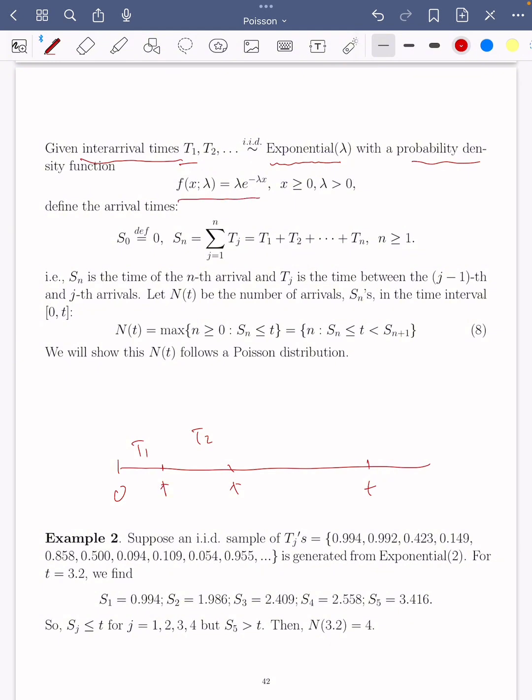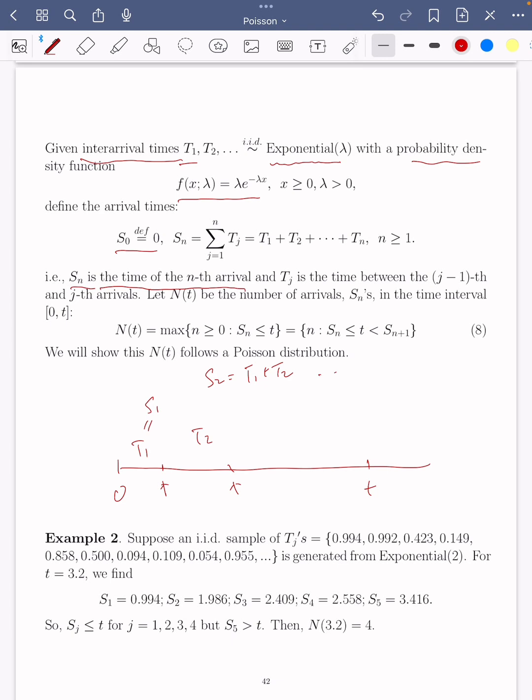So you can see that we can define the time of the nth arrival. So S_n is the time of the nth arrival. For example, S0 is just equal to 0, and S1 is simply equal to T1, and S2 will be equal to T1 plus T2, and so on.